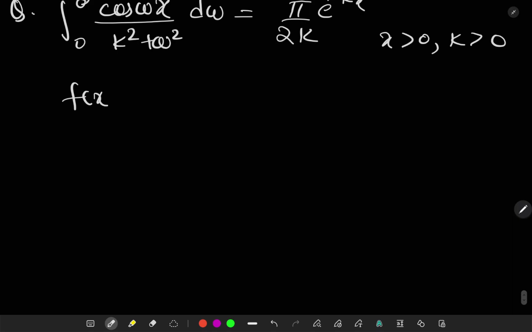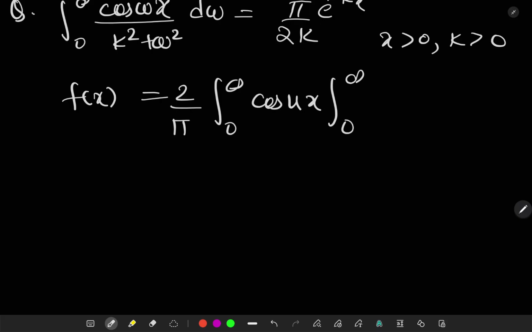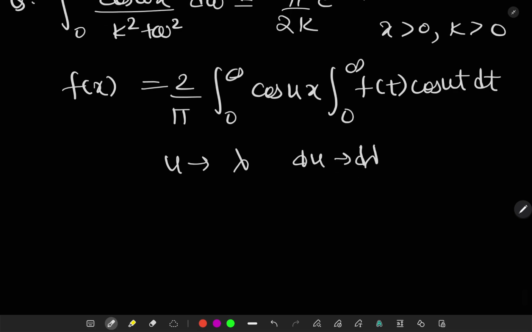Now using the Fourier cosine integral, f of x is equal to 2 by pi integral 0 to infinity cos ux integral 0 to infinity f of t cos ut dt. Here similarly we put u equals lambda and du d lambda.